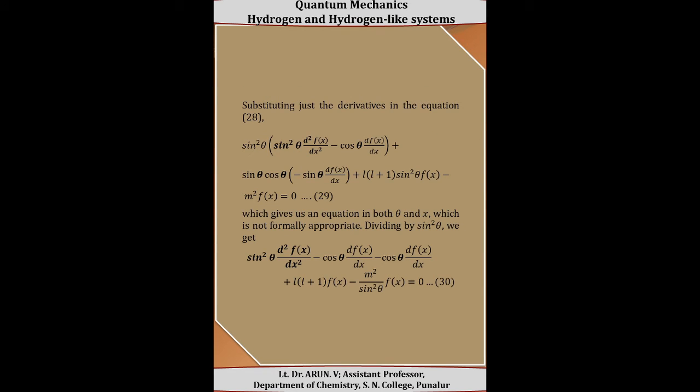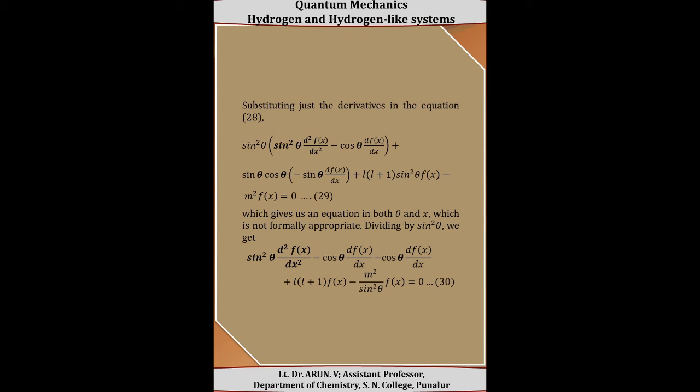Substituting these equations in equation 28, we get sin square theta into sin square theta into d square f x by dx square minus cos theta into d f x by dx plus sin theta cos theta into minus sin theta d f x by dx plus l into l plus 1 sin square theta into f x minus m square into f x, that is equal to 0, which gives an equation both in theta and x, which is not formally appropriate.